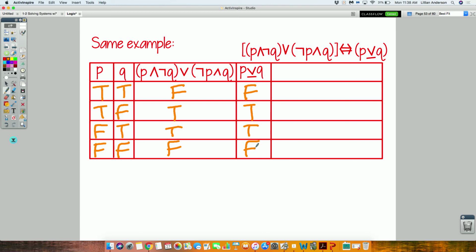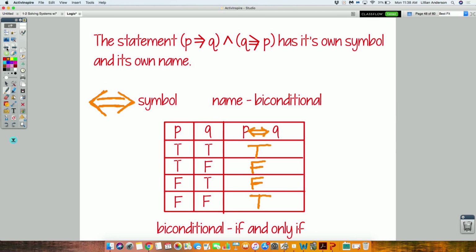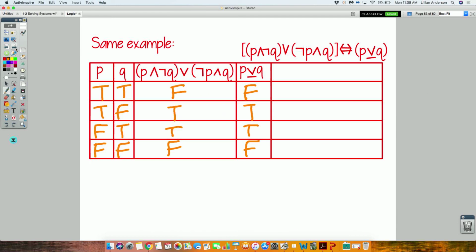Yes? Okay. So now if I look at the biconditional, it says that if they're both true, it's true, and if they're both false, it's true. Okay? So, for this statement right here, false, false, true, true, true, true, false, false.